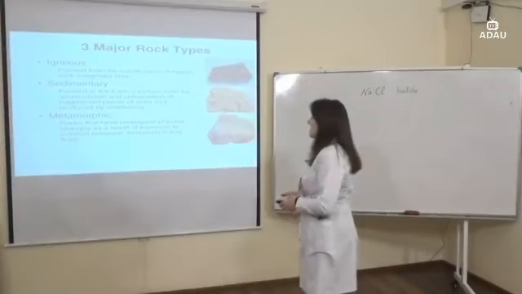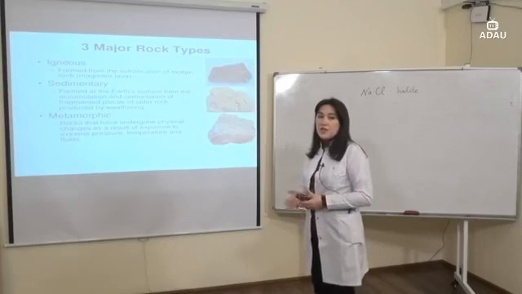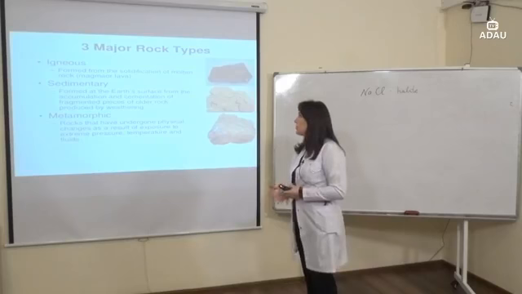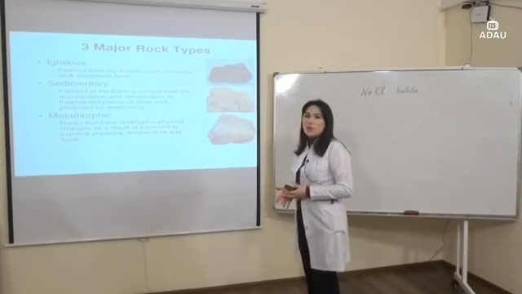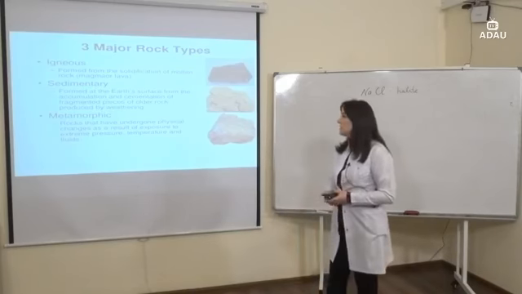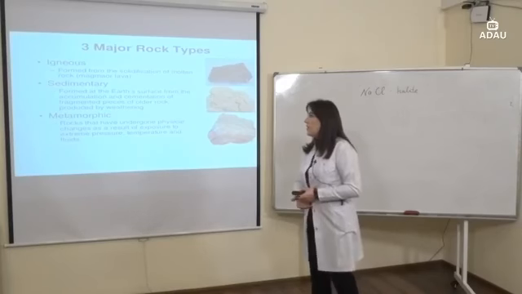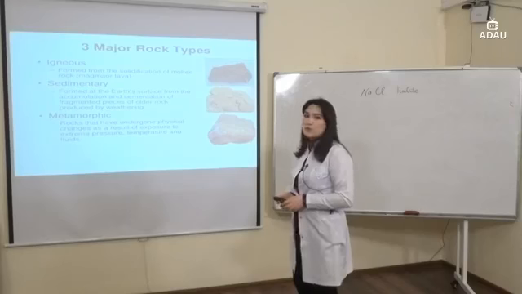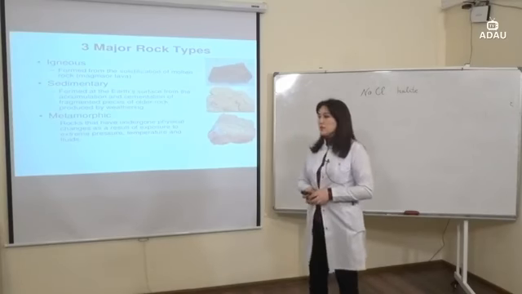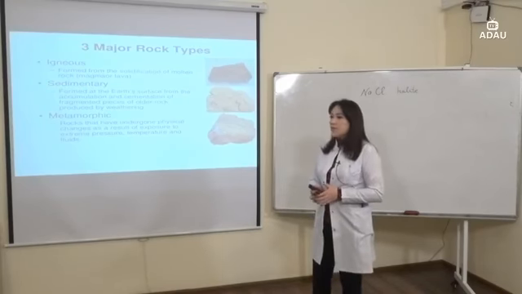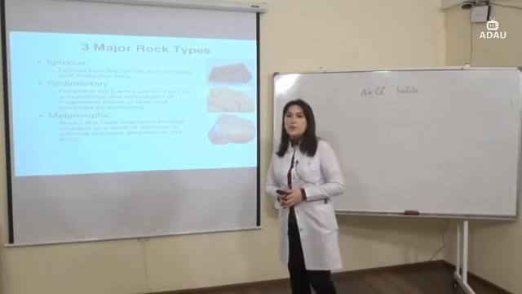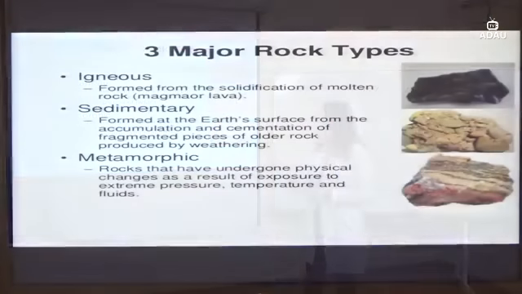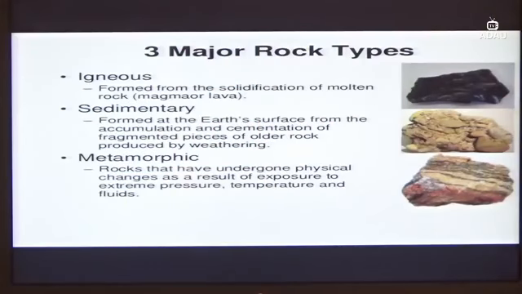In our environment there are three main types of rocks: igneous rocks, sedimentary rocks, and metamorphic rocks. Firstly, I will talk about igneous rocks. Igneous rocks are the main part of Earth's crust, and about 95% of Earth's crust consists of igneous rocks.